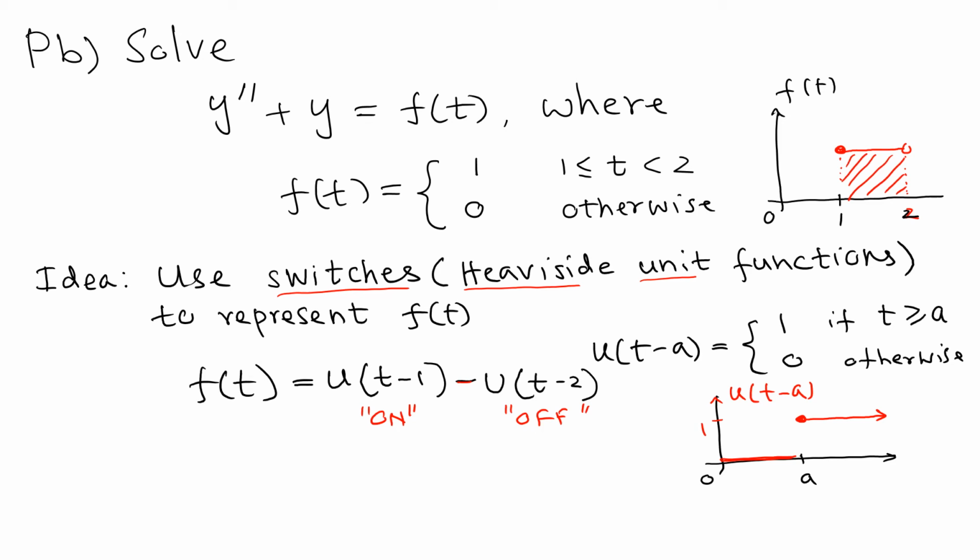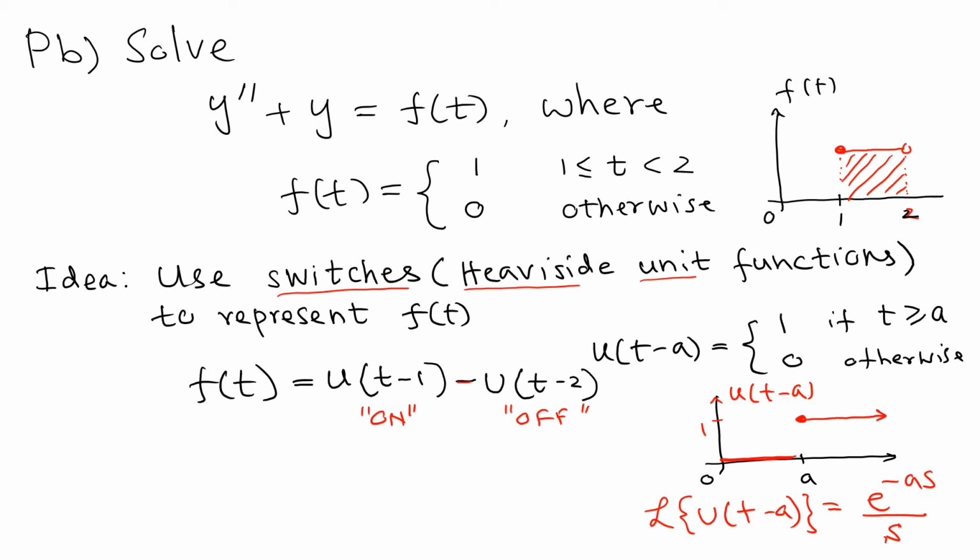We know that the Laplace transform of this unit function u(t minus a) is simply e to the minus as divided by s. You can also get this from the first shifting property, or you can take f(t) equal 1 and get this result.